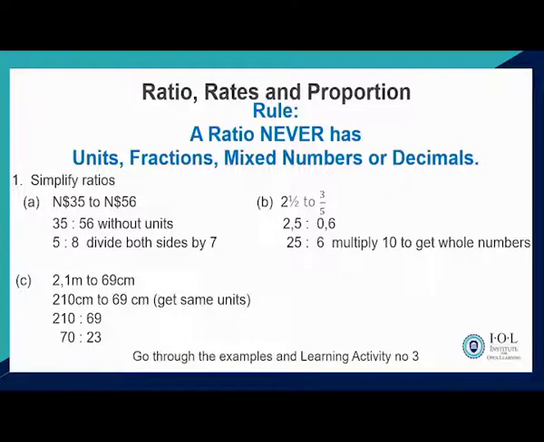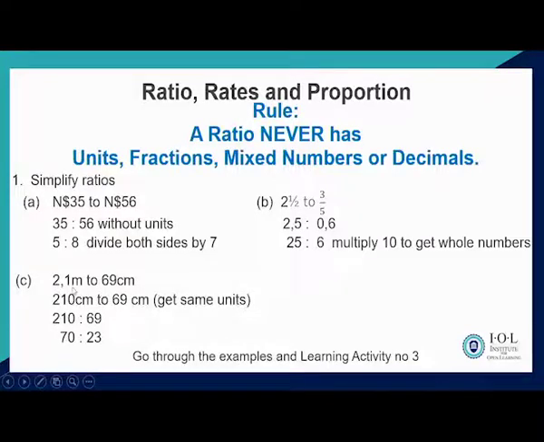It depends on what you want to do. So you have to times 10, but when you times the one with 10, you have to times the other one with 10. So 2.5 times 10 is 25, and 0.6 times 10 is 6. There's no common factor, so you can just leave that as your final answer.